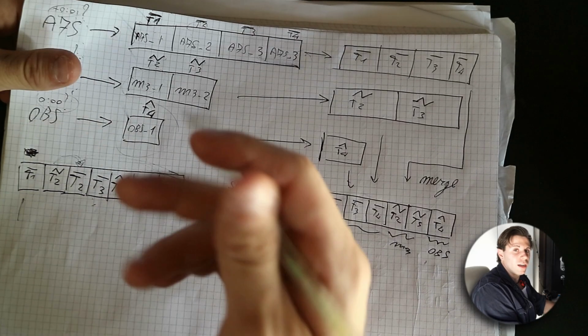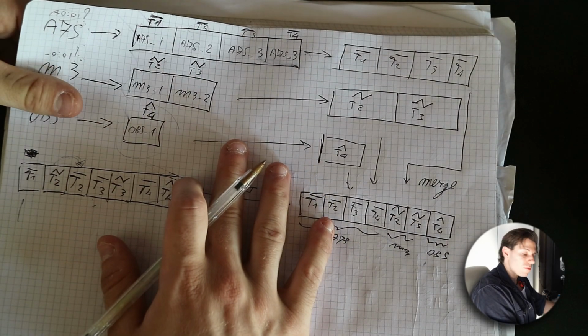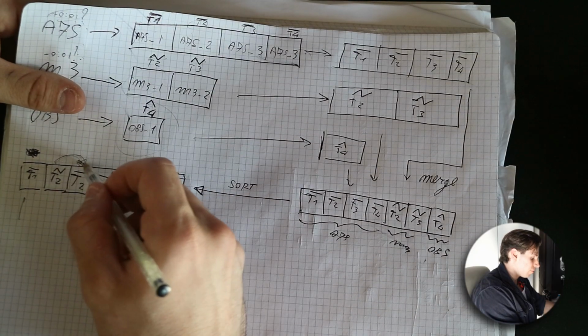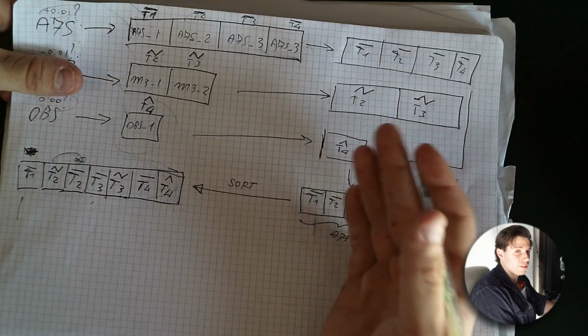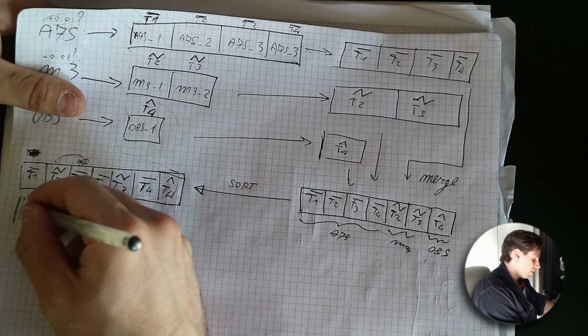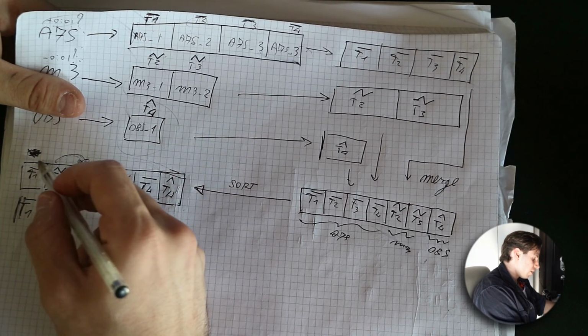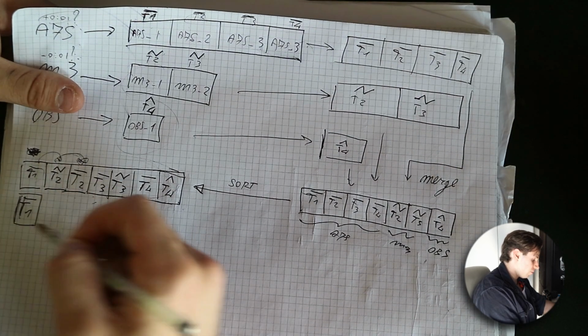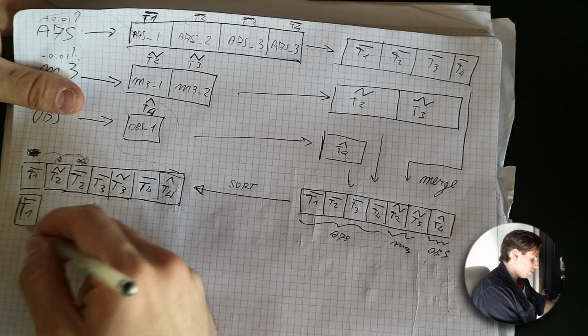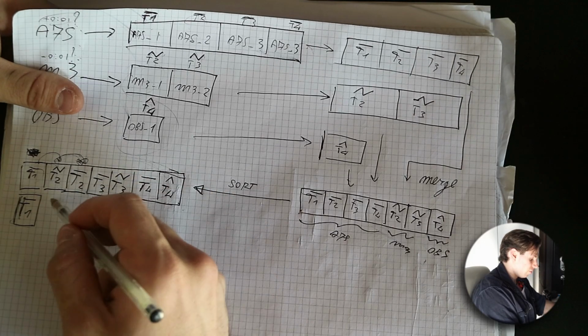Then I will make a simple algorithm that checks if the adjacent value is similar to mine. And if it is similar, it will delete it. So I can get something like this. Does this one have another one similar? No. So nothing happens.